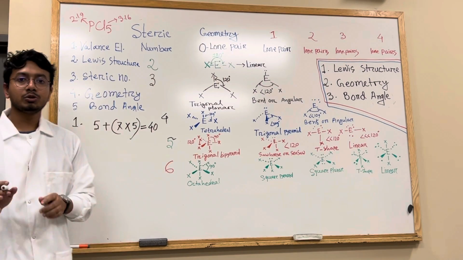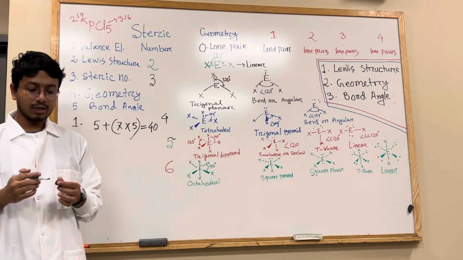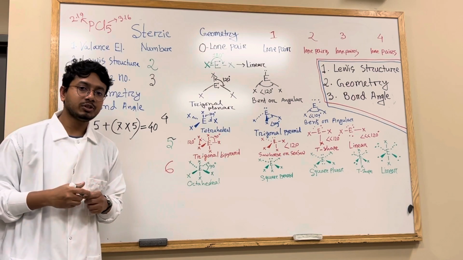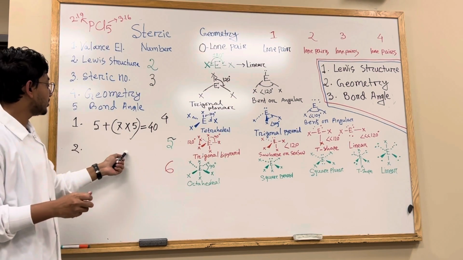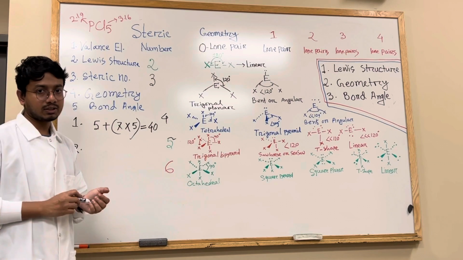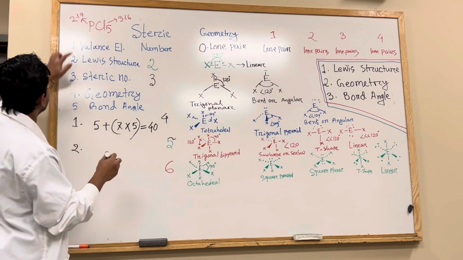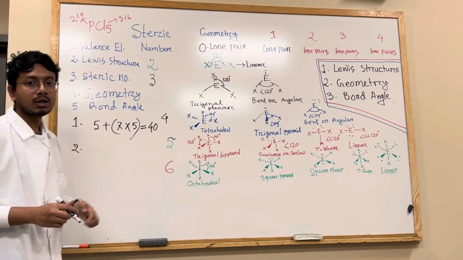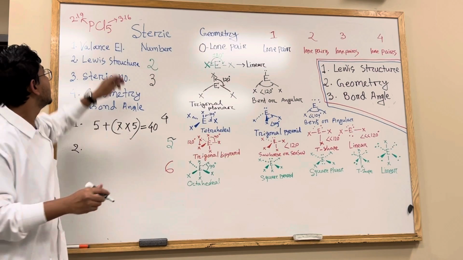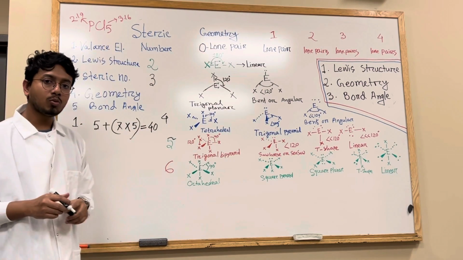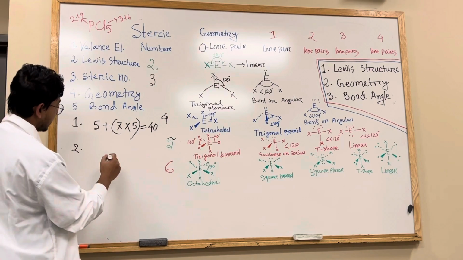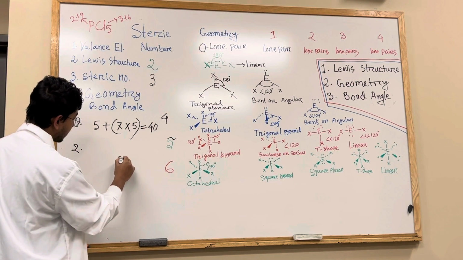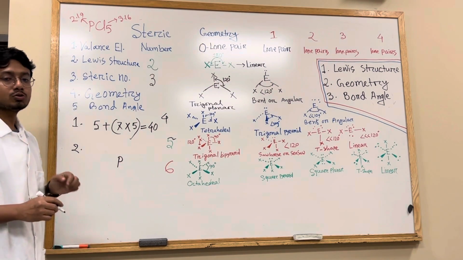Before that, we need to know which element has the least electronegativity, because the least electronegative element goes in the middle of the Lewis structure. This is the rule. Phosphorus has an electronegativity of 2.19 and chlorine has 3.16, so phosphorus has the least electronegativity and it goes in the middle.